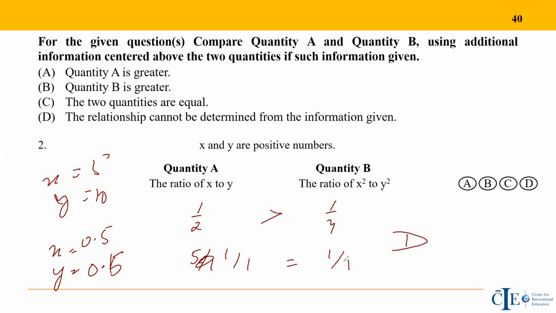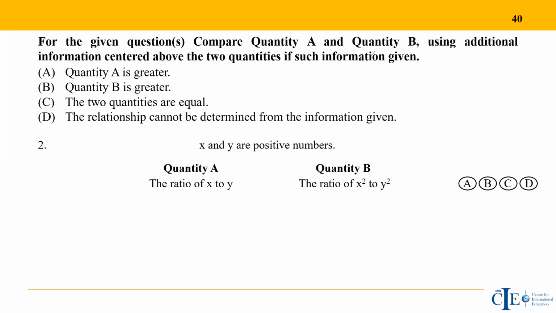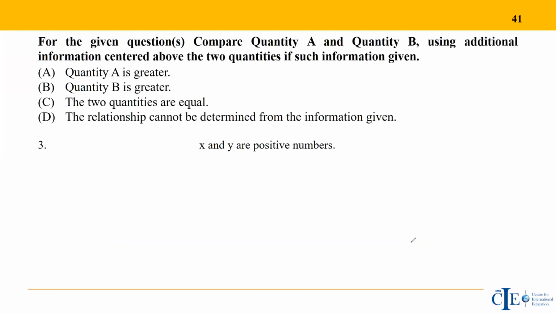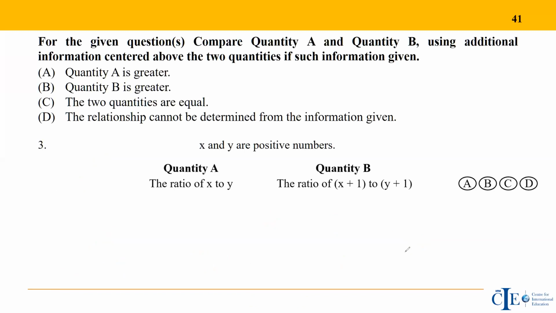They can also be equal, right? There's nothing given that x and y are distinct. So if they are equal, the ratios can also be equal, right? That's the reason you can eliminate them quickly. Perfect. All right, D is the answer. Let's check the other.